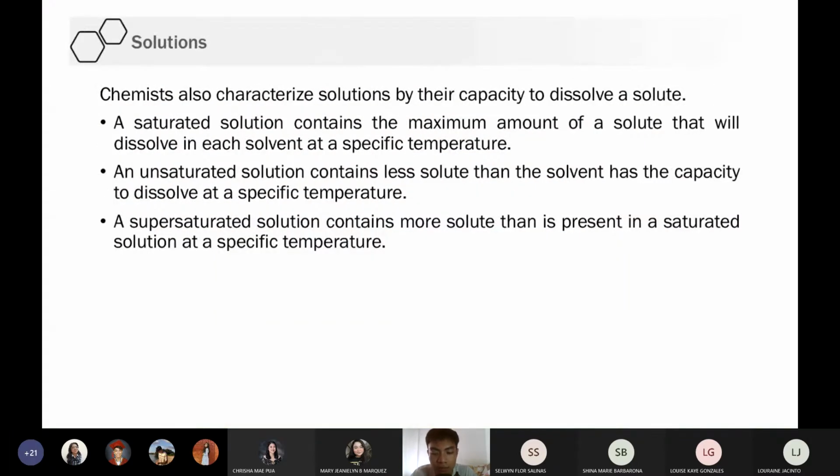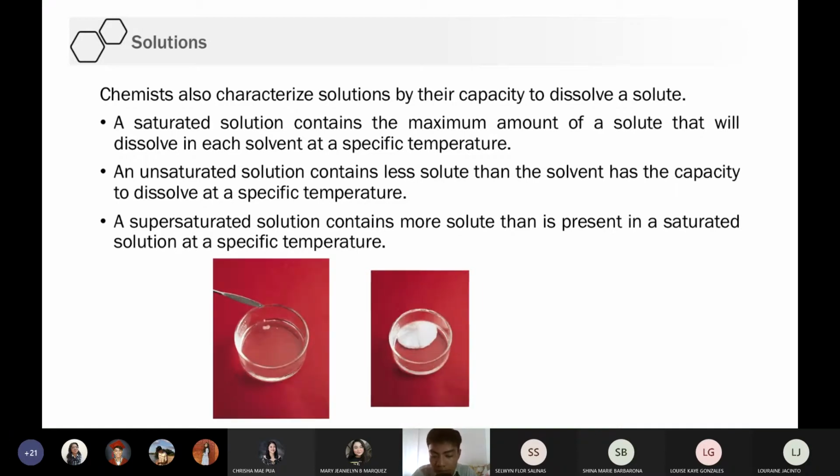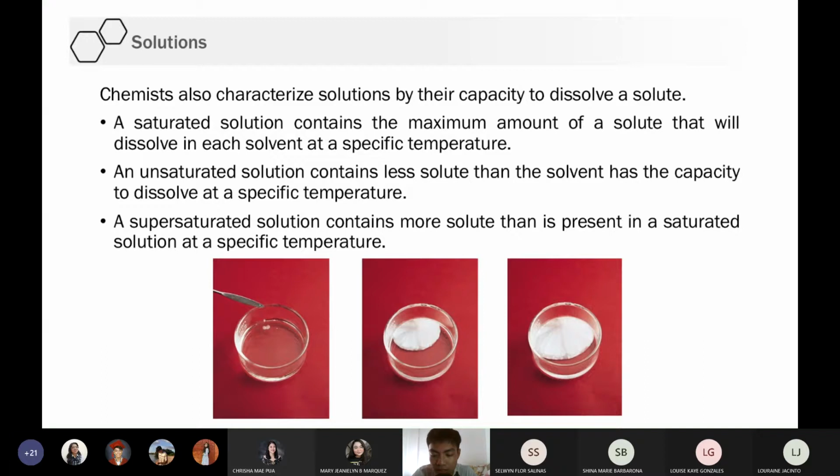So depending also on the amounts of solute in your solution, we can classify our solutions as follows. It can be a saturated solution, unsaturated, or supersaturated solution. Okay? So let us look at the difference of the three.